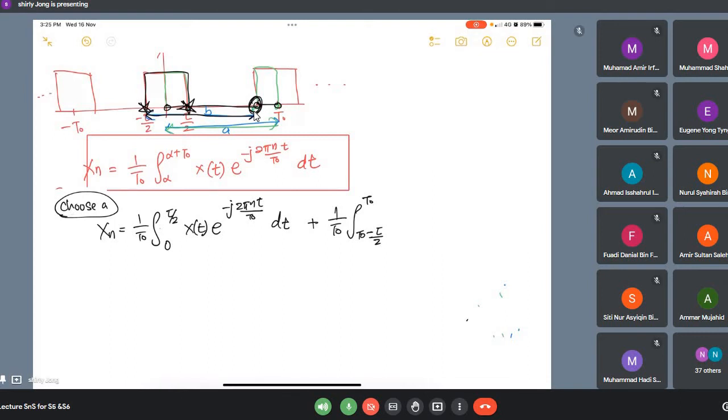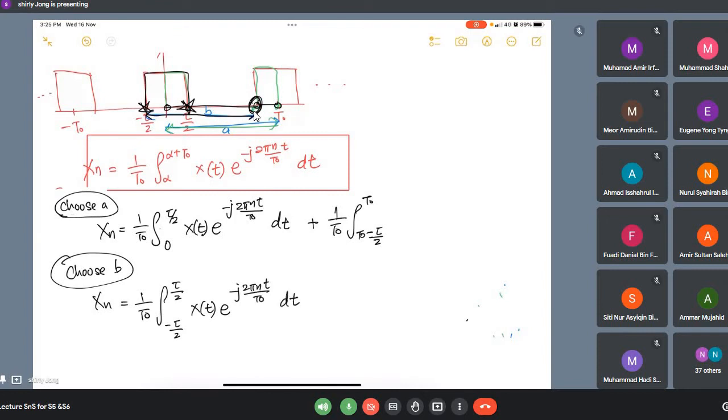If you choose B, then my Xn equal to 1 over T naught, from the formula, minus tau over 2 to tau over 2 x(t) exponent minus j 2 pi n t over T naught dt. That's it. You can use A or B. Just that I will choose B because it looks easier than A, because you don't need to do 2 times of integration. You got it?